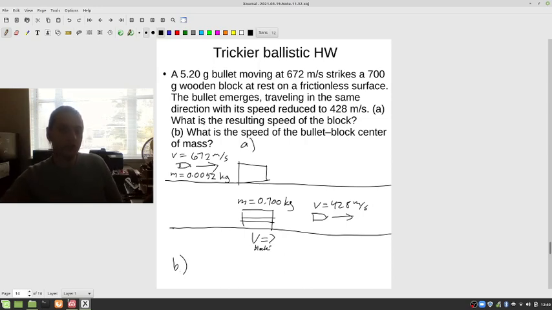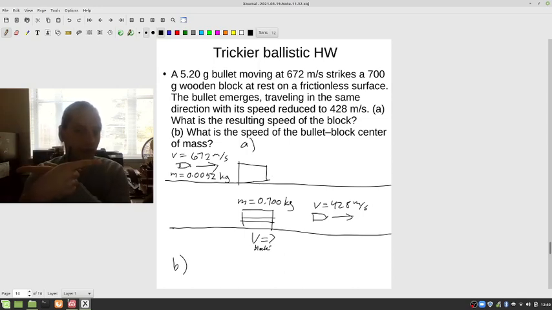The only forces that take place are the force pushing backwards on the bullet from the block, and the forward force from the bullet to the block, but they have to add together to be 0 because of Newton's third law.